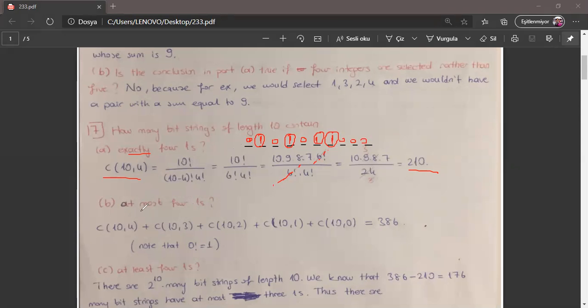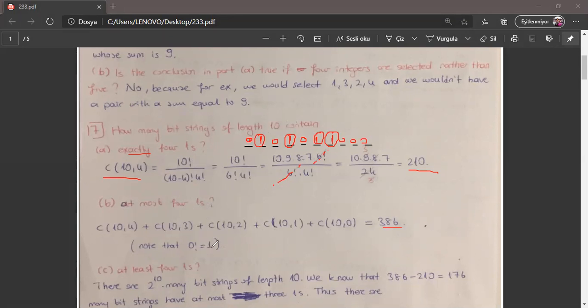What about this part? Now we want to find the number of these bit strings which contain at most 4 ones. So it may either contain 4 ones, or 3, or 2, or 1, or none, okay. So in order, we compute them and obtain this.